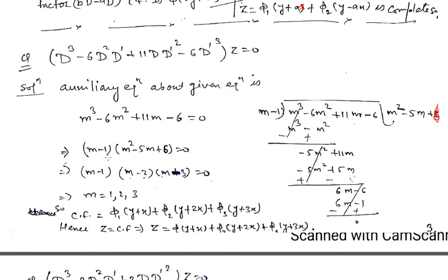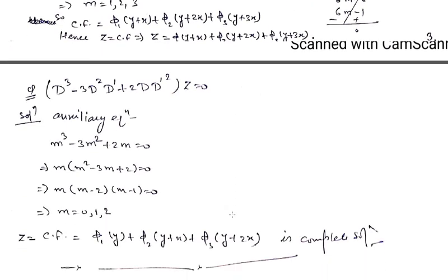So we can factorize it as (m − 1)(m² − 5m + 6), or as (m − 1)(m − 2)(m − 3) = 0. Hence m = 1, 2, 3 are the 3 roots of this auxiliary equation. So for these 3 non-repeated roots, the complementary function can be written as φ1(y + x) for m = 1. For m = 2, it will be φ2(y + 2x), and for m = 3, it will be φ3(y + 3x), and z = CF is the complete solution.